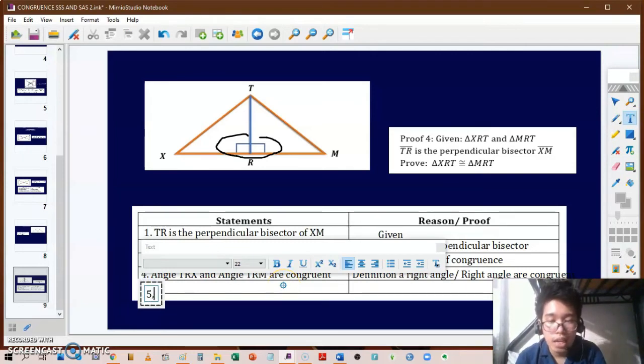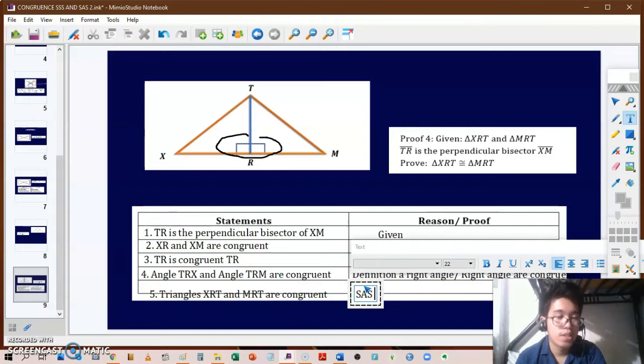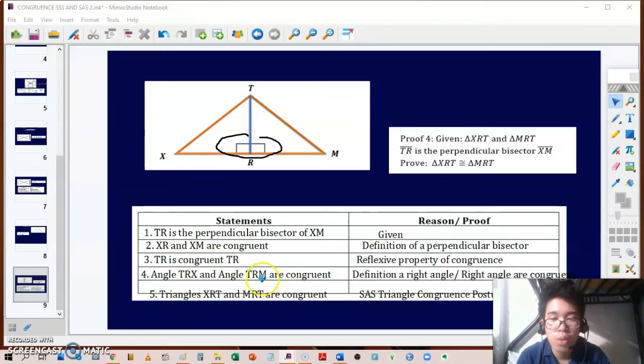We can now confidently conclude that triangles XRT and MRT are congruent based on the SAS, or side-angle-side, triangle congruence postulate. How did it become the SAS triangle congruence postulate?